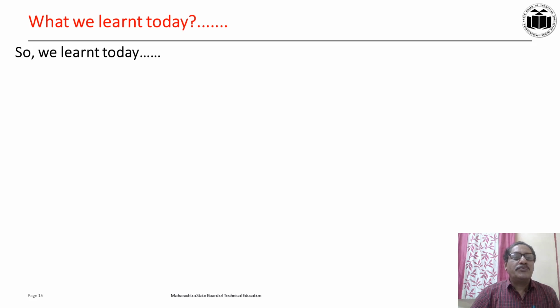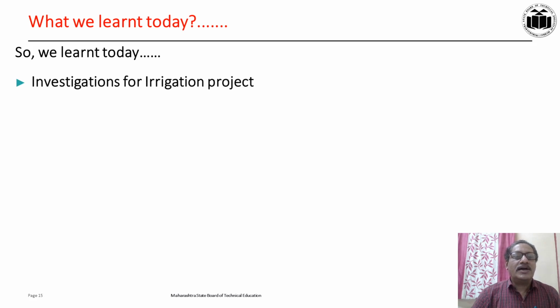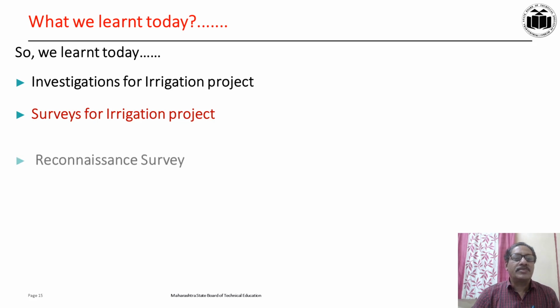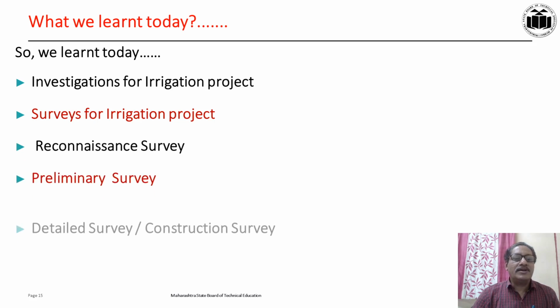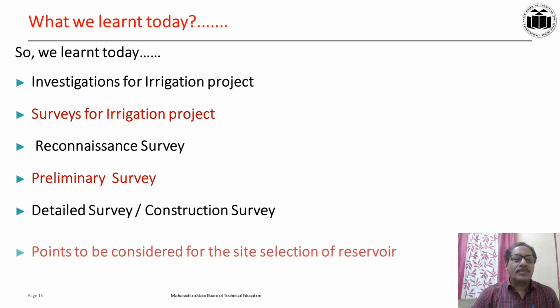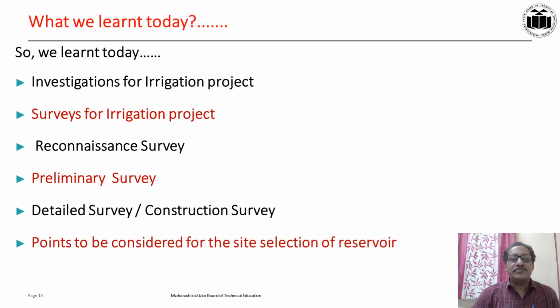So, we learned today the investigations for irrigation project, surveys for irrigation project: reconnaissance survey, preliminary survey, and detailed survey, and various points which are supposed to be considered for the site selection of the reservoir.